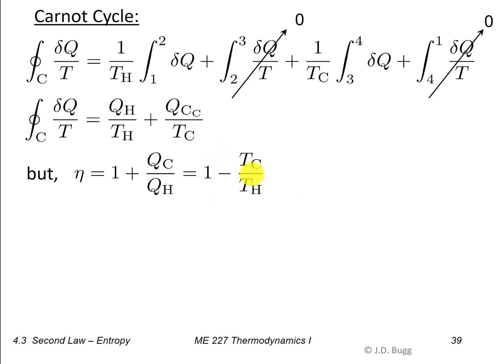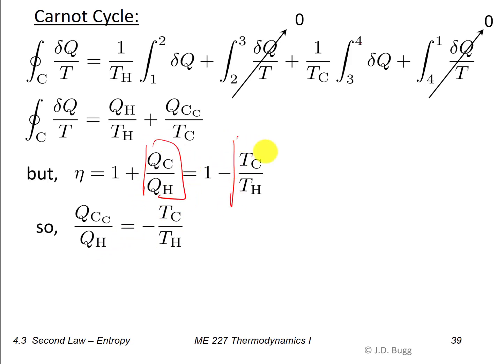Compare these two. We're saying there that QC over QH must be equal to negative TC over TH. Just setting these portions equal to each other, and we're adding the Carnot subscript on here because we're talking about a Carnot cycle.